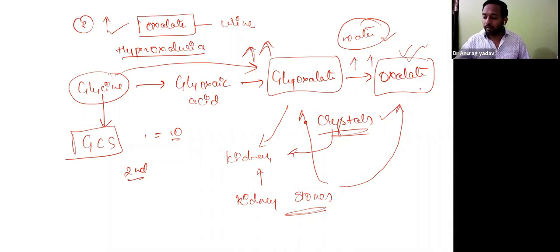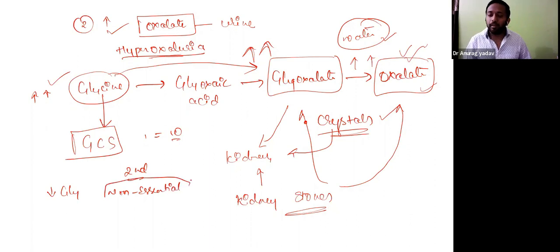If it is oxalate, measure the glycine levels in the blood. You will see glycine levels are very high. Then you can correlate the high glycine with repeated oxalate stones. So this person might be having the hyperoxaluria disorder. What will you suggest to the patient? Definitely a low glycine diet, because glycine by nature is non-essential. Even if you don't give it in food, the body can synthesize glycine.